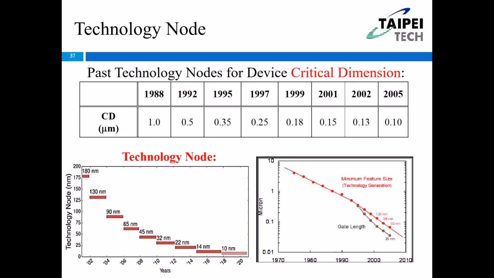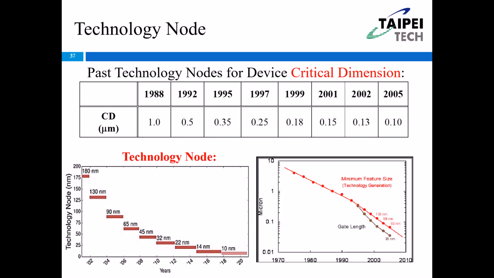However, when you look at the figure on the bottom left, the y-axis is the technology node and the x-axis is the time. So you can see the technology node changes over time.